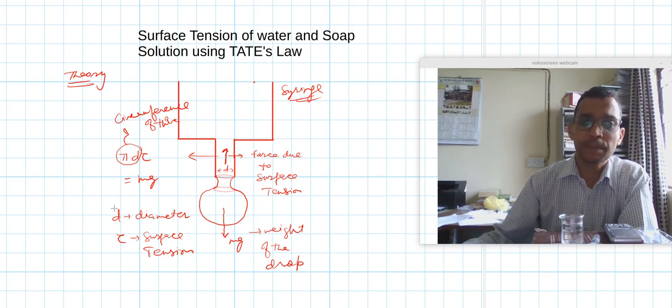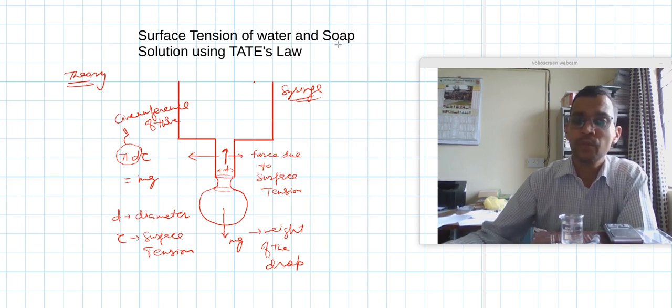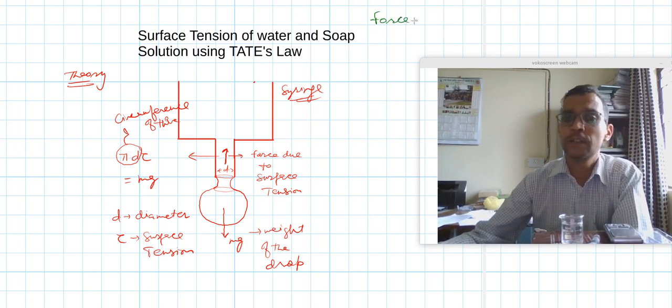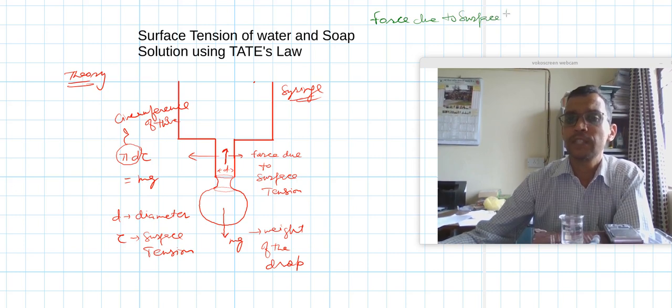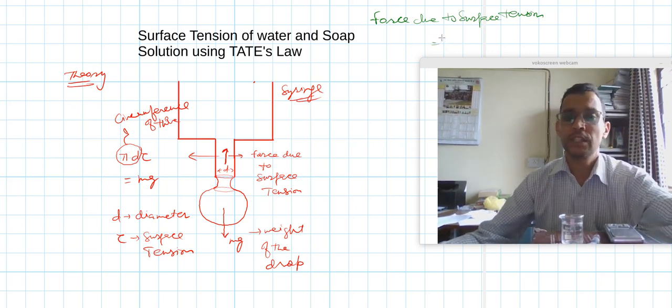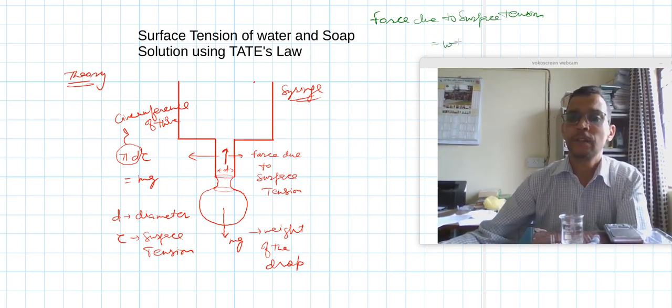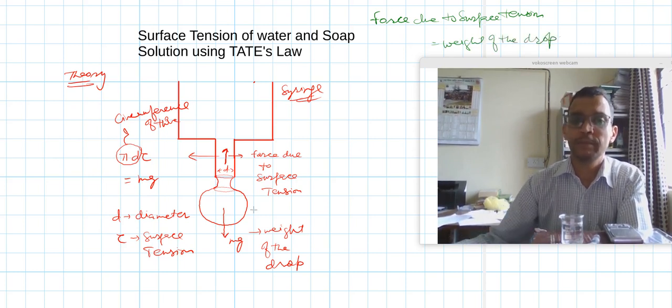That means the force due to surface tension is balanced by the weight of the drop. This is the experiment.